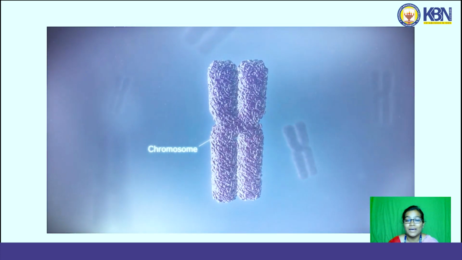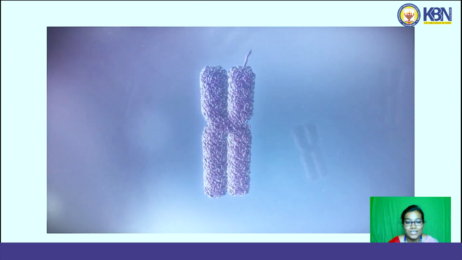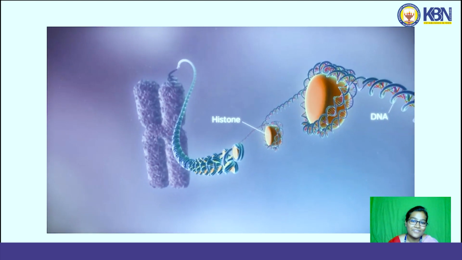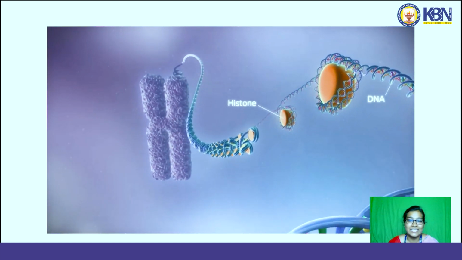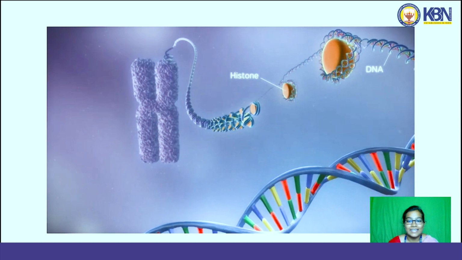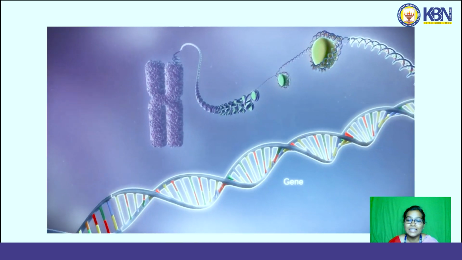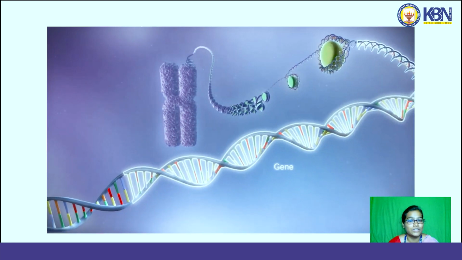DNA, when it compiles or condenses together, it is called chromosome. Yes. If we open it, we can see the DNA. DNA is condensed by the help of histone or protein. Yes. In DNA, we have multiple genes.